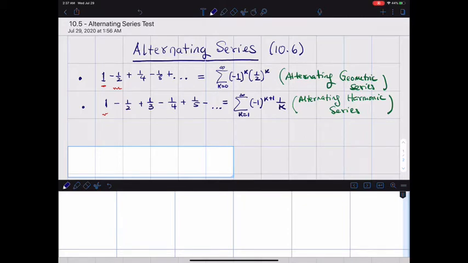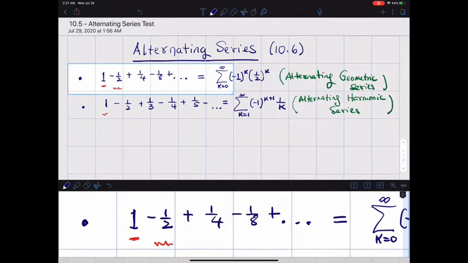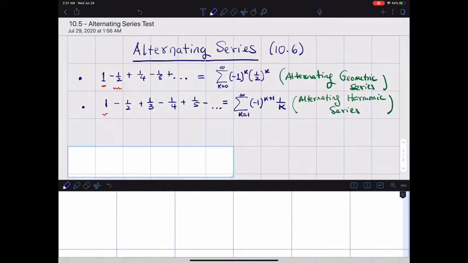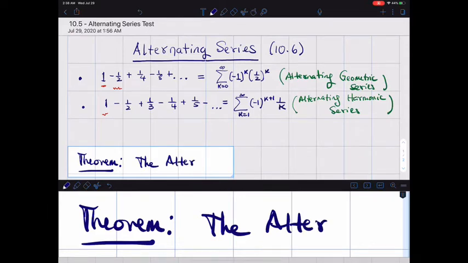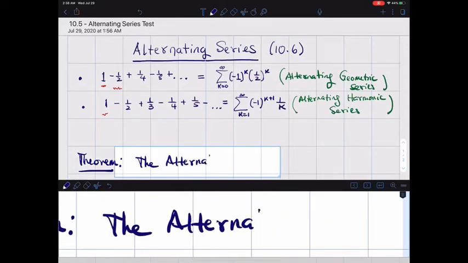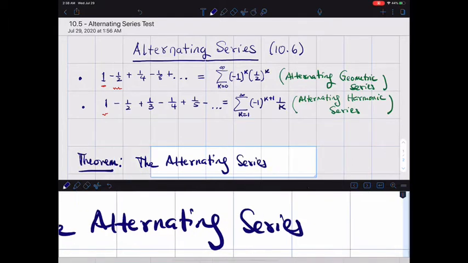All right, in this section, we're going to talk about some tests for how and when an alternating series diverges or converges. So a series of these forms where the signs alternate are called alternating series. So we're going to begin with a theorem that we're not going to prove. This theorem is called the alternating series test.